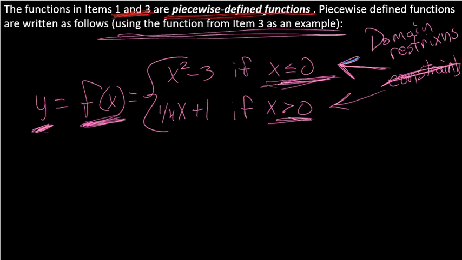I'll use a different color. These here are domain restrictions. The x is less than or equal to 0, x is greater than 0, those are restricting your domain. These right here, the book wants you to call your function rules.